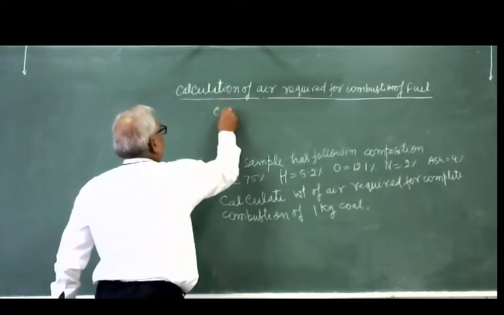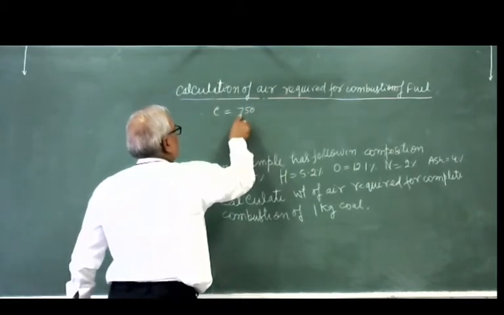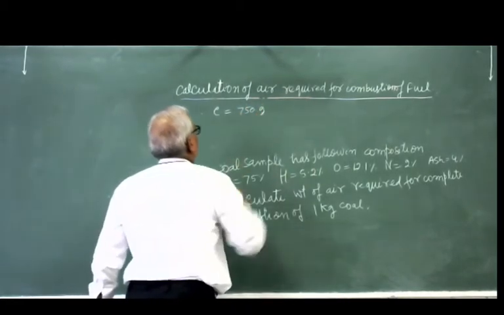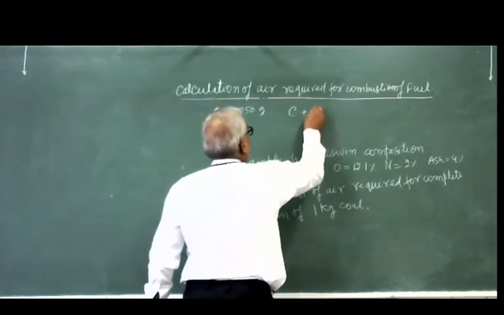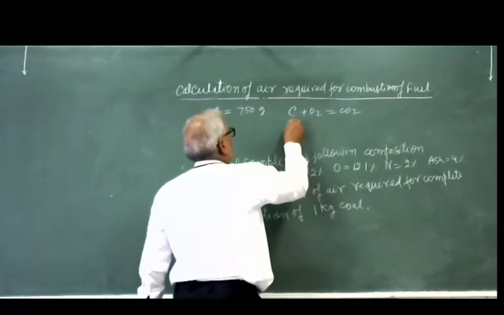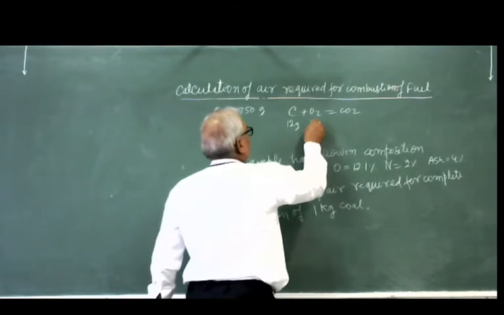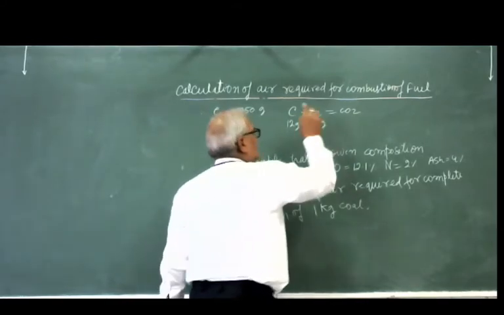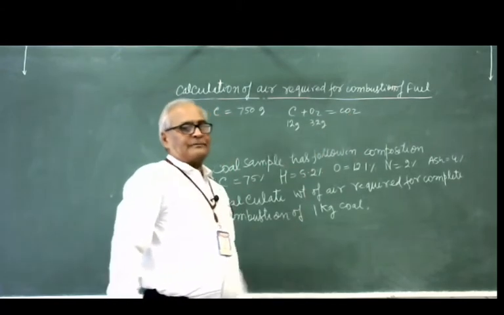Carbon, 750 grams. Chemical reaction: carbon plus O2 equals CO2. 12 gram of the carbon requires 32 gram of the oxygen, then carbon dioxide will be formed.